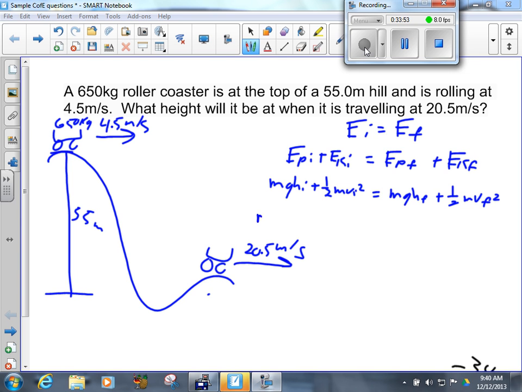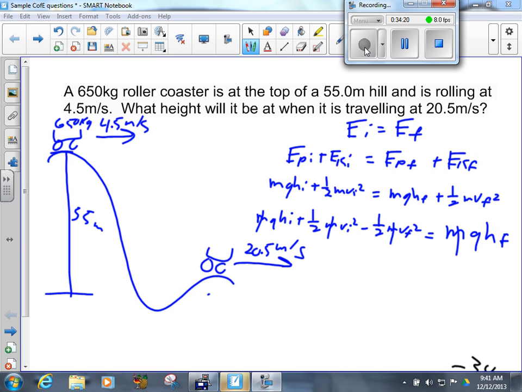I will have mghi plus 1/2 mvi squared minus 1/2 mvf squared equals m times g times hf. What can I do with the m if I so choose? I can cancel it off. I was given it, but I don't like to do extra work, so I'm going to get rid of it.